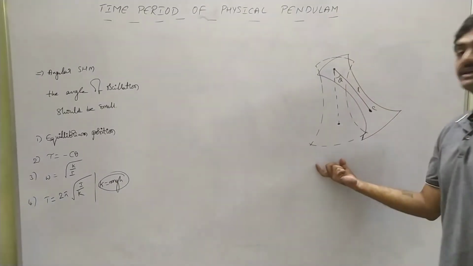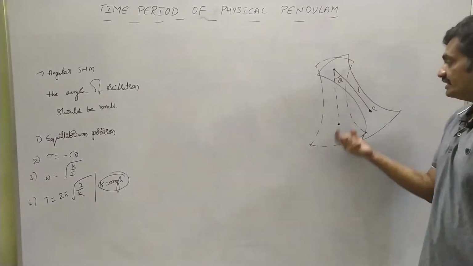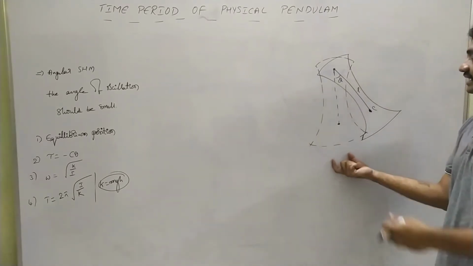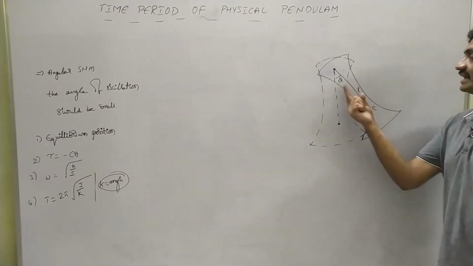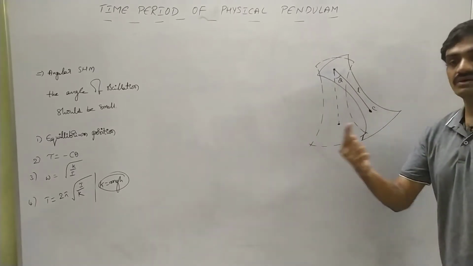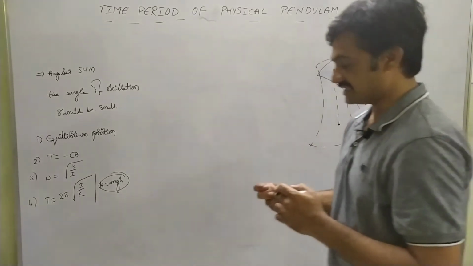Now here we had considered a physical pendulum initially along the vertical position. When the body is displaced by an angle of theta and released, it starts oscillating as we had seen, just like this.